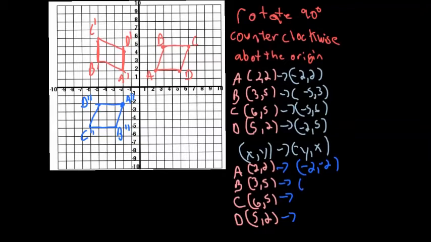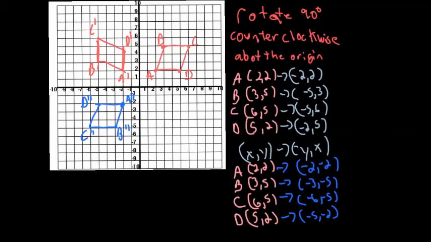B is at negative 3, negative 5. C is at negative 6, negative 5. And D is at negative 5, negative 2.